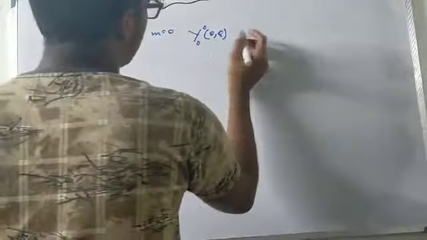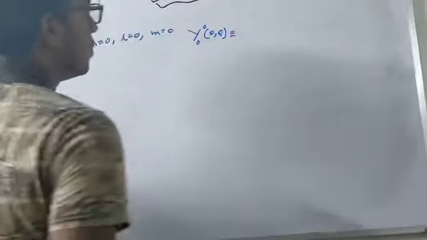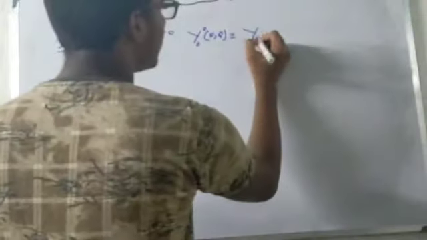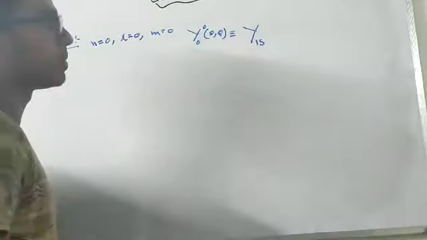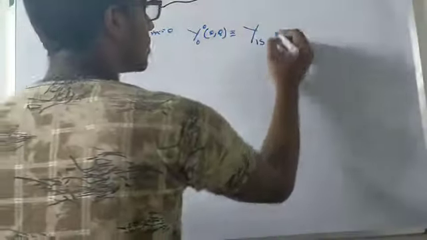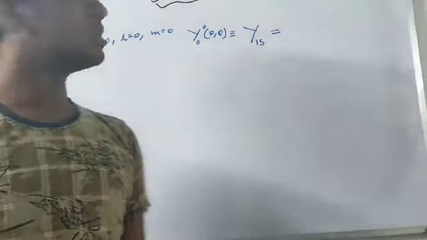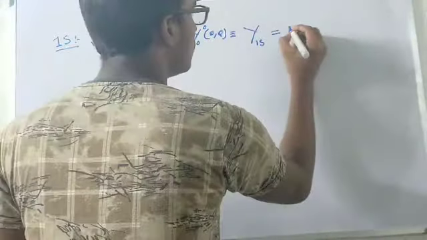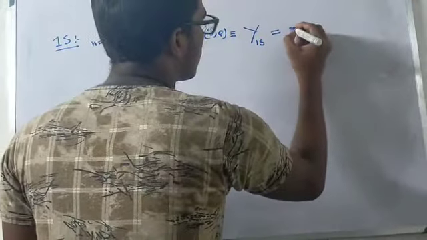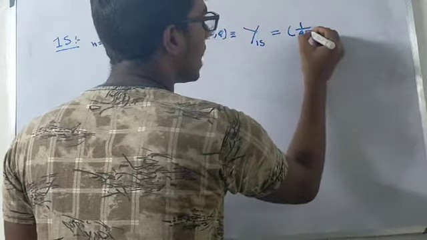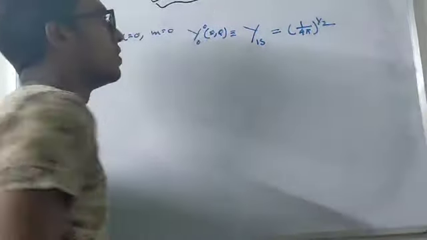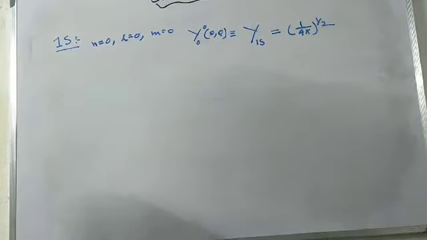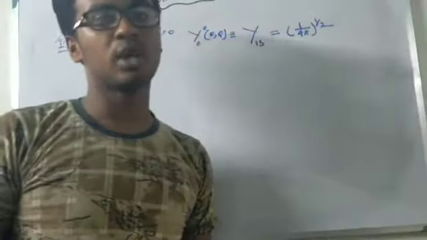0 0. As this represents the 1s orbital, I will simply write it as the angular wave function of the 1s orbital. According to the calculation of Schrodinger, this wave function equals 1 upon 4 pi to the power half.